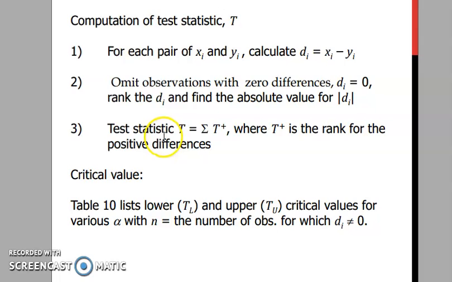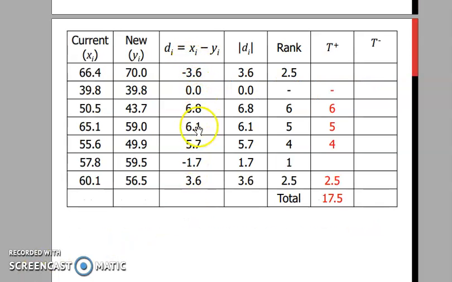So what is the test statistic? The statistic is T equals the summation of T plus. T plus here means the ranks for the positive differences. So from all the ranks, we are choosing the ranks that have the positive difference only. So this is the difference.